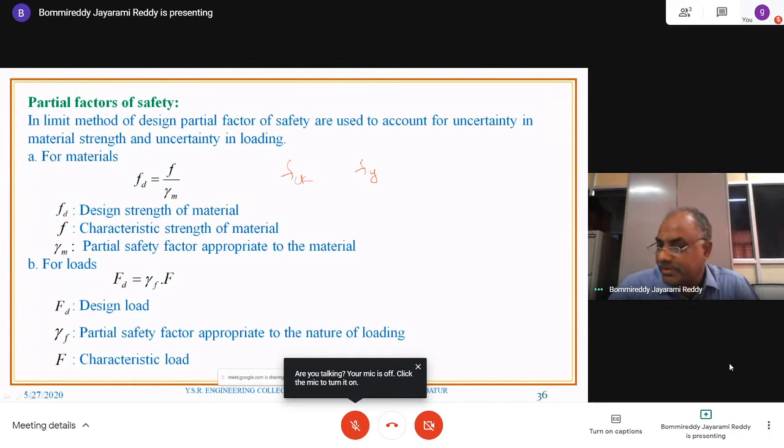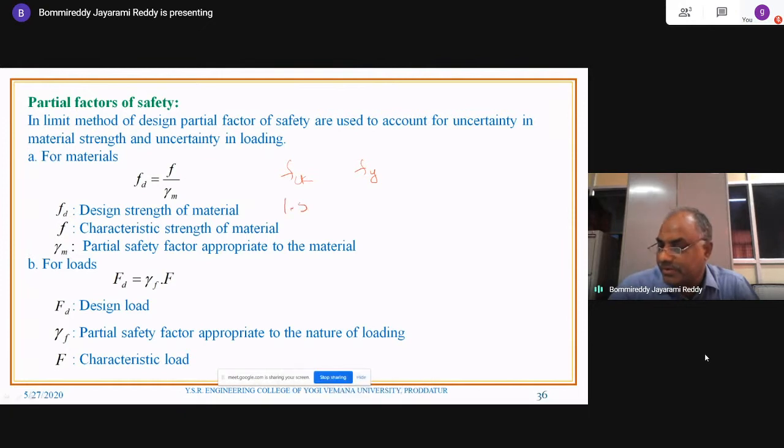So for concrete, the partial factor of safety is 1.5, and for steel it is 1.15. You need to remember this. 1.5 is the partial factor of safety for concrete. 1.15 is the partial safety factor for steel.